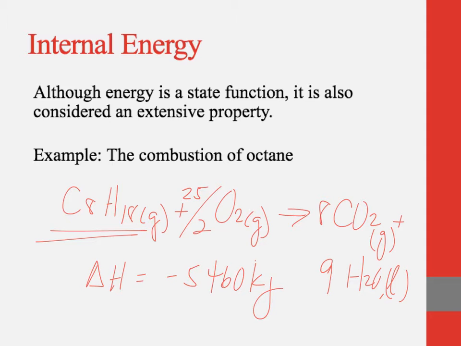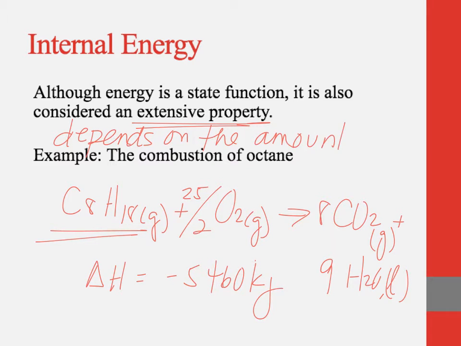And this is why we consider it an extensive property, because it depends on the amount of reactants. Which means you can predict already that stoichiometry is going to come into this unit, because I'm not starting with 1 mole of something. I need to be able to calculate the energy for whatever the given amount of reactant is.